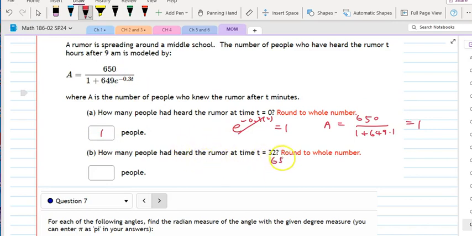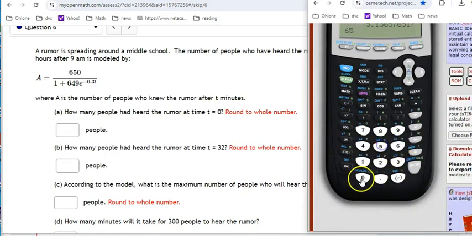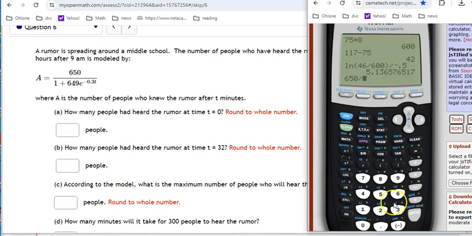So you just plug it in. 650 over 1 plus 649 e to the negative 0.3 times 32. Okay, put it in a calculator. 650 divided by, open parenthesis, 1 plus 649 times e to the power, which is ln, negative, remember, negative 0.3 times 32.